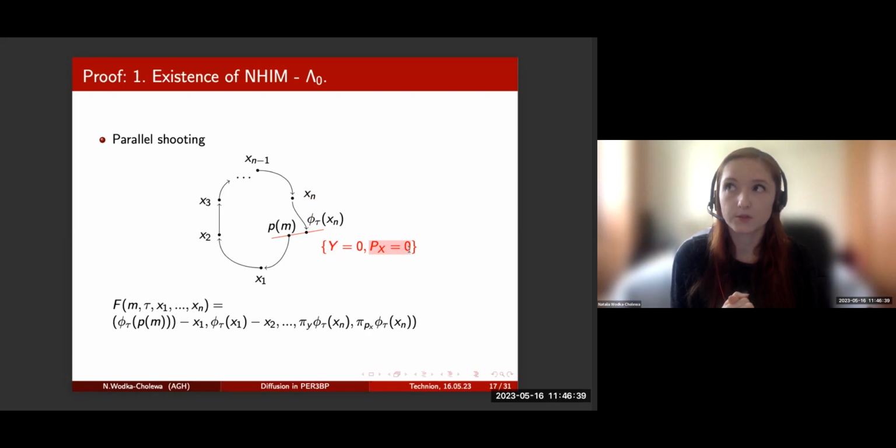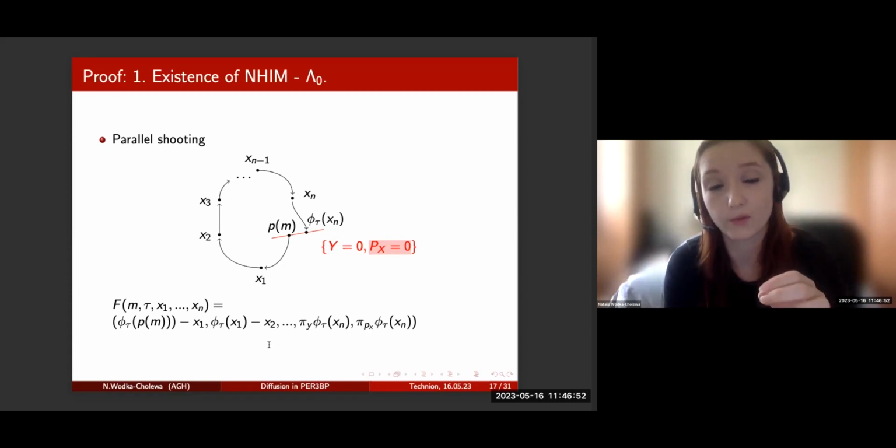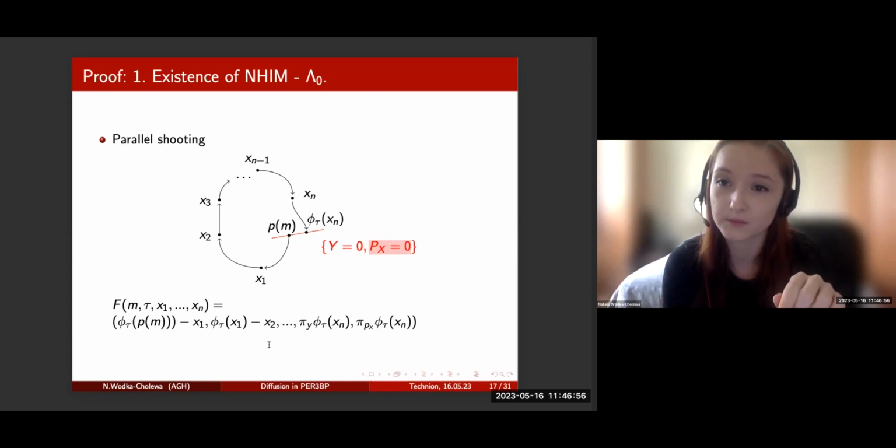Why? Because we have the symmetry, right? It's for us the symmetry. And as you see, I have this function constructed. Why do I do this? If I find 0 of this function, I will have the connection, because this will be 0, so I move to x1. This will be 0, everything will be 0.